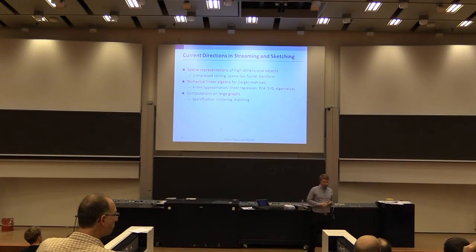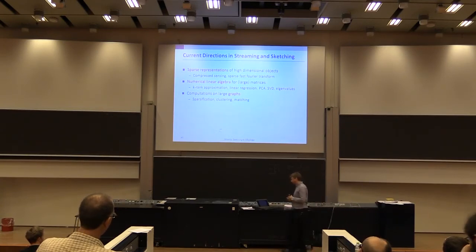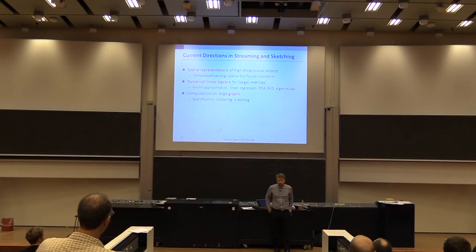We want to look at lots of computations on graphs. I said some very basic things like you can identify the connected components, and you can estimate things like the weight of the minimum spanning tree. But you'd like to do much more complex, say, spectral things over graphs. So can you sparsify your graph? Can you do a clustering or a matching on a graph using only a compact summary of the information in that graph?